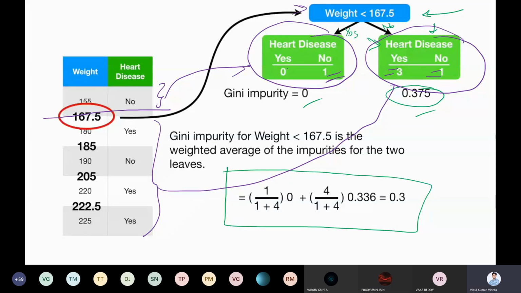There are various ways to find the threshold. One is the mean; another is going one by one and looking into the values. Many times, if you look at the mean, a few values are really big in number, and because of that the mean is shifted towards that side.